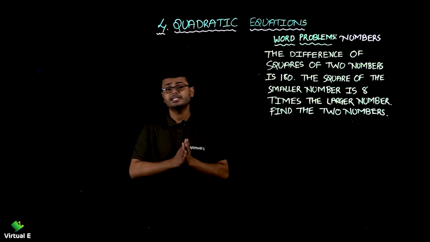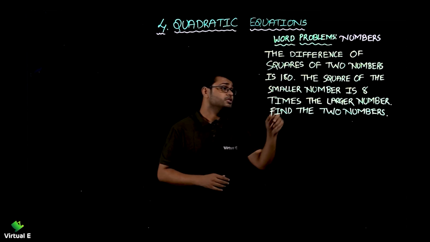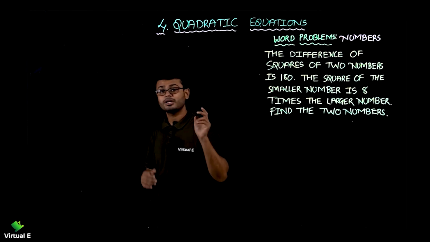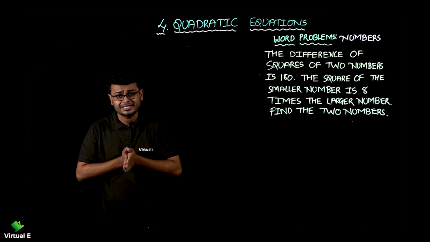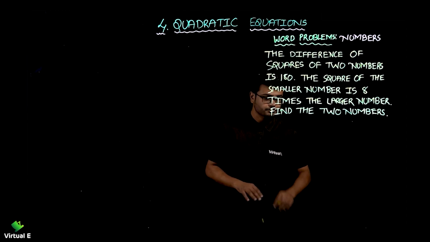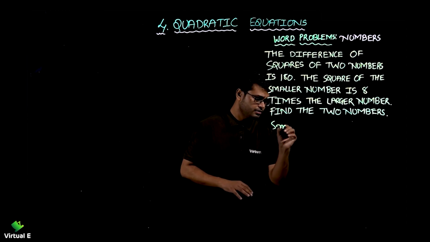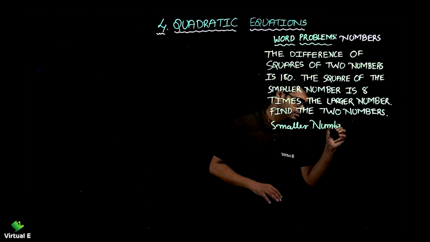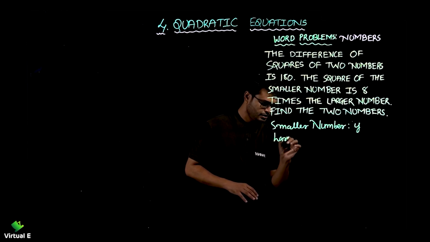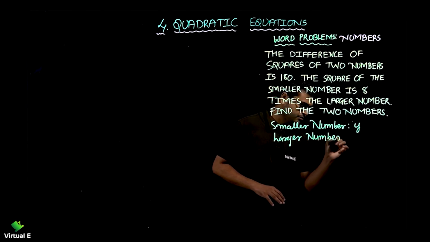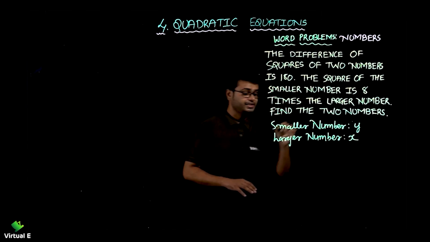Simple. Now you can see here that there are two numbers, smaller number and larger number. So let me take the larger number as x and the smaller number as y. Simple. So let's start. Smaller number is equal to y and larger number is equal to x.